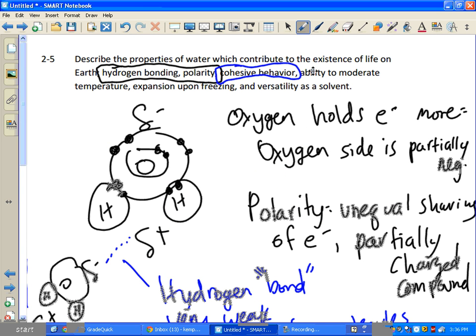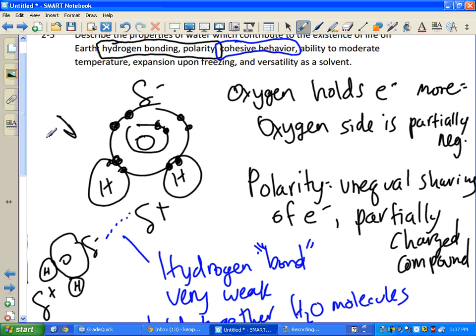Ability to moderate temperature. That just means that this is actually as a result of water's covalent bonds. That just means that as you put heat into water, it has a really extreme ability to absorb it.